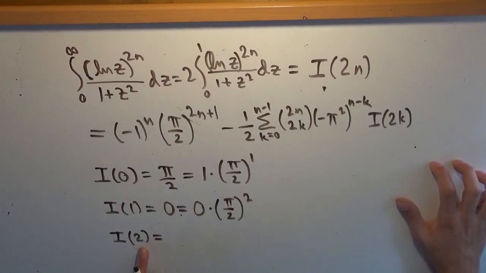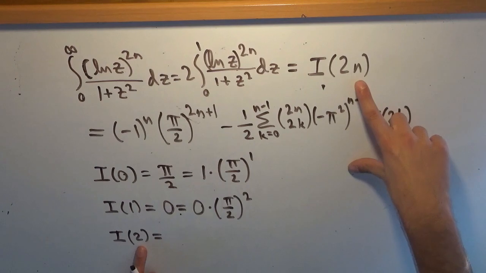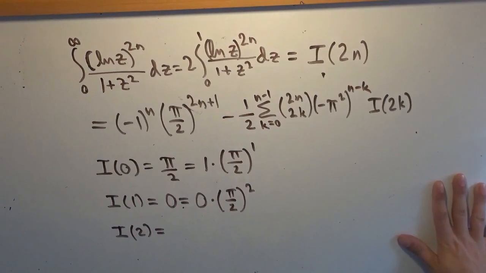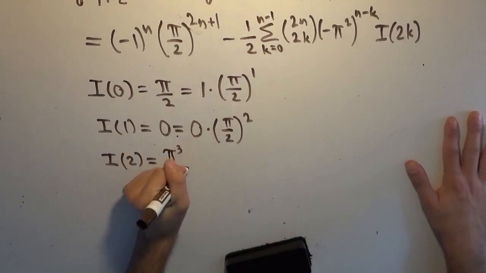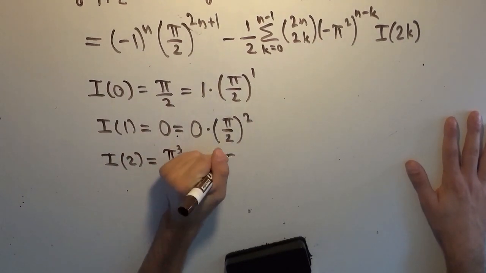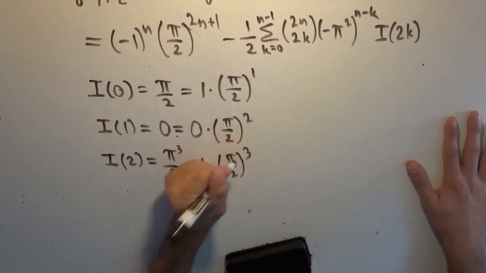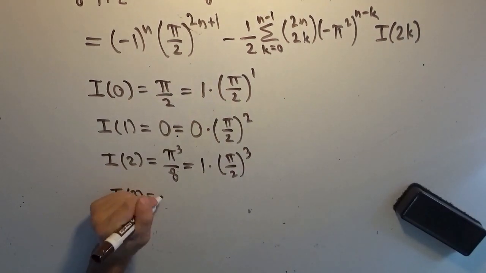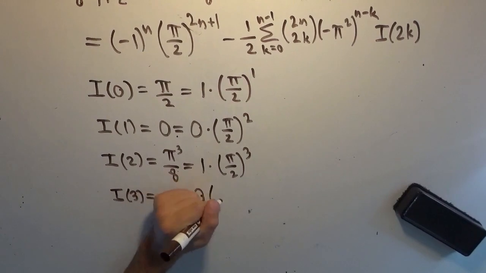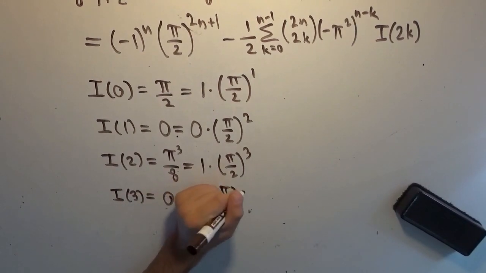If you try to get I of 2, which means you have to plug in 1 for n, and you plug in everything, you end up with pi cubed over 8, which is of course equal to 1 times pi over 2 to the power of 3. And if you plug in 3, we know that you naturally get 0, which is equal to 0 times pi over 2 to the power of 4.